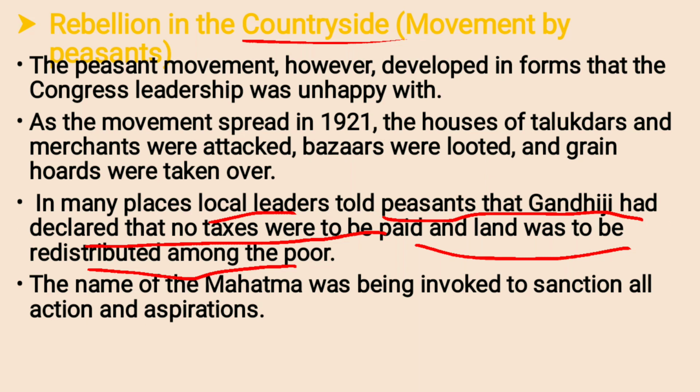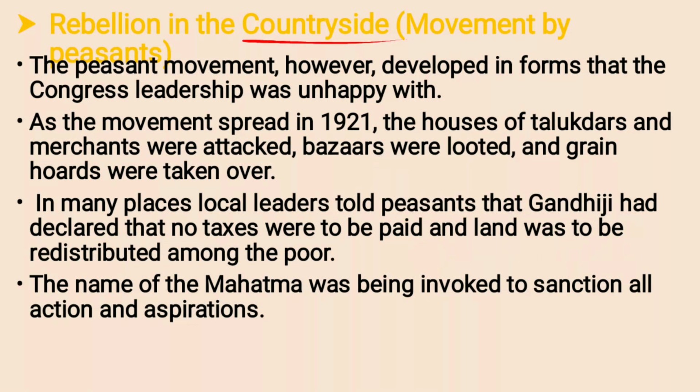From the non-cooperation movement, they also declared this to fulfill their needs. The name of Mahatma Gandhi was being invoked to sanction all actions and experience. For this reason Mahatma Gandhi was more invoked in action and experience. So this topic was also done.